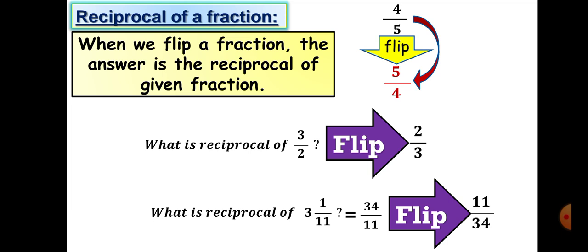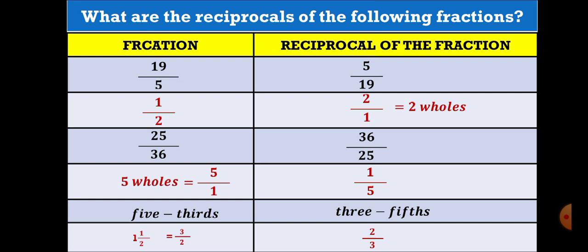So whenever we flip a fraction, the answer is the reciprocal. Let's find the reciprocal of the following fractions. 19 over 5 becomes 5 over 19. 1 over 2 becomes 2 over 1, that means 2 wholes. 25 over 36 becomes 36 over 25. 5 over 1 becomes 1 over 5. 5 thirds becomes 3 fifths. 1 whole 1 over 2 equals 3 over 2, and its reciprocal is 2 over 3.